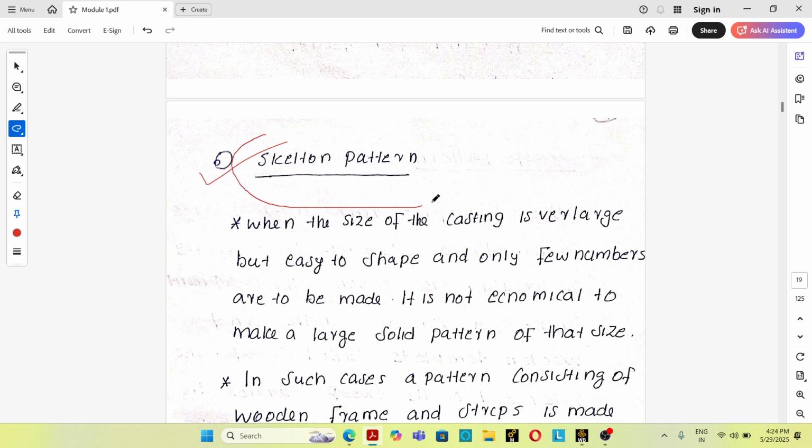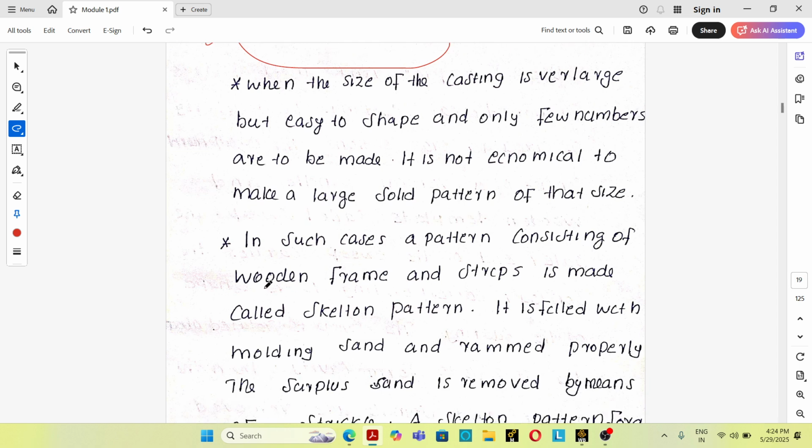Next one is the skeleton pattern. See, the skeleton pattern is not widely used. The skeleton pattern is a temporary setup made using a wooden frame and strips. That's why it is known as a skeleton pattern.